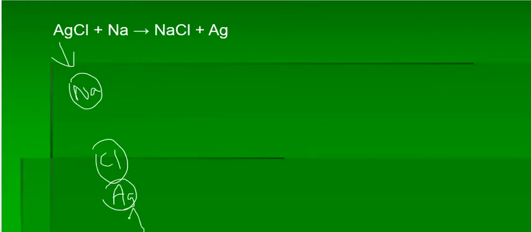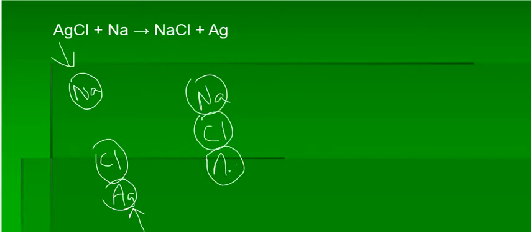Let's do an effective collision. Let's say sodium comes in from this angle. Silver chloride comes in from this angle. When they hit now, your intermediate looks like this. And you can see that I get NaCl right here. That's the product.